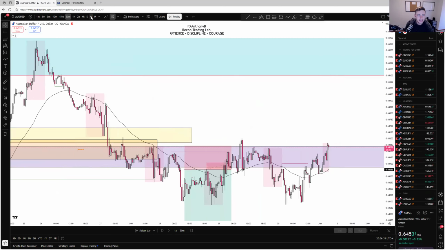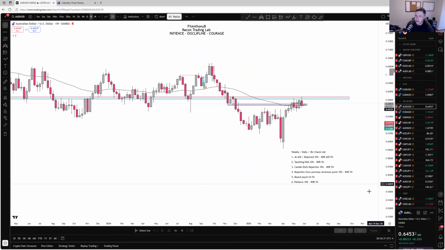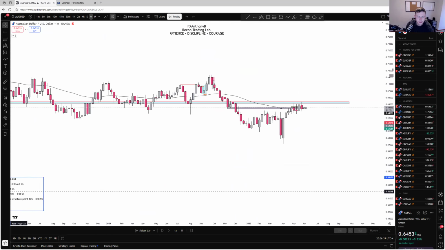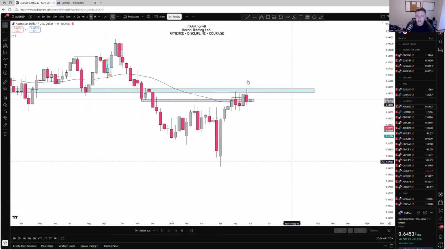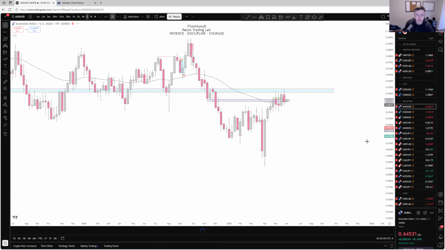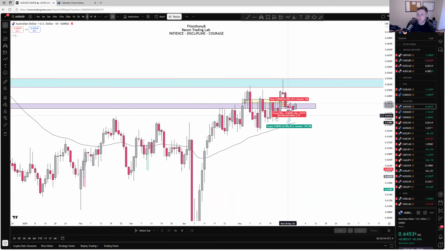Next one is AUD USD. Let's see here. Let's get this out of our screen. We don't need that. Weekly is bullish, higher high, higher low. Daily, lots of consolidation, is bullish as well.